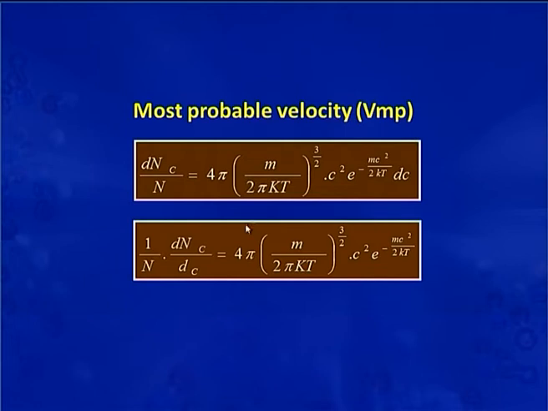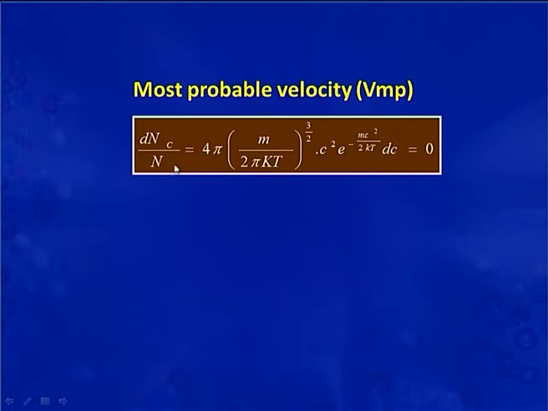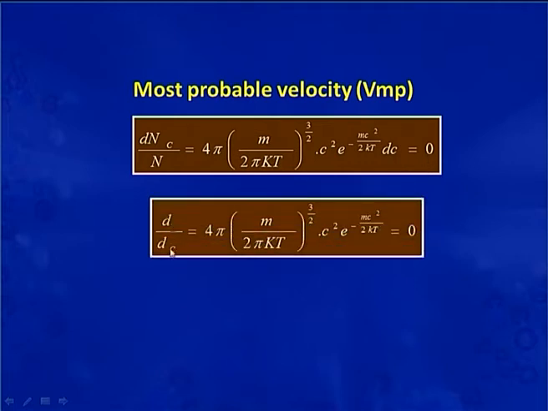So, by differentiating the right hand side of this equation with respect to c and then equating the result to 0, the condition for maxima and minima in the distribution curve, we get d by dc of 4 pi (m by 2 pi kT) to the power 3 by 2 into c square e to the power minus mc square by 2 kT is equal to 0.